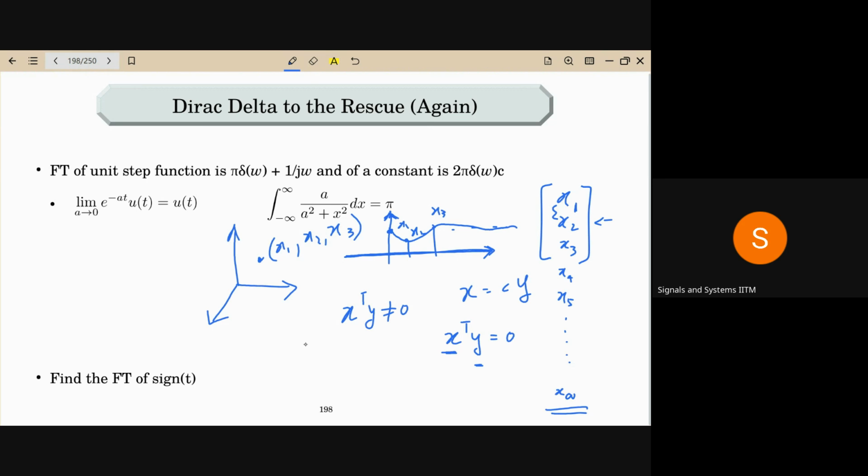So basically this means that I can decompose X to be equal to some X1, X2 plus X3. And one of these components, let us say X3, is just a scaled version of Y, say Cy, and this C is not 0.